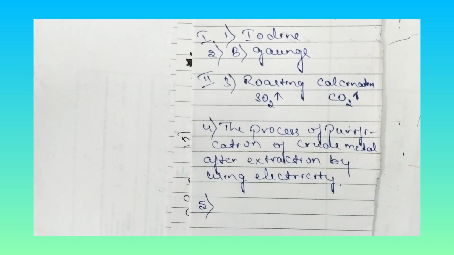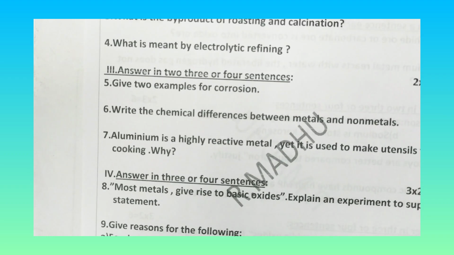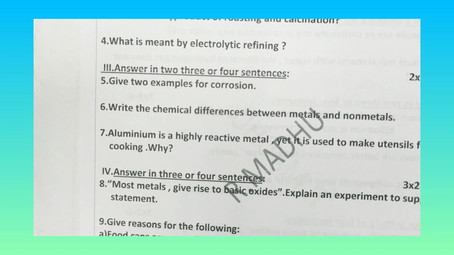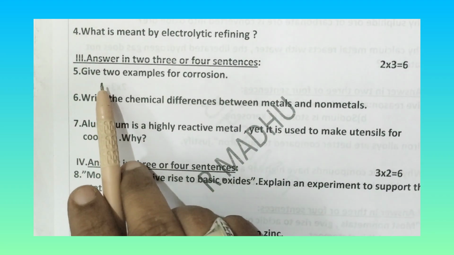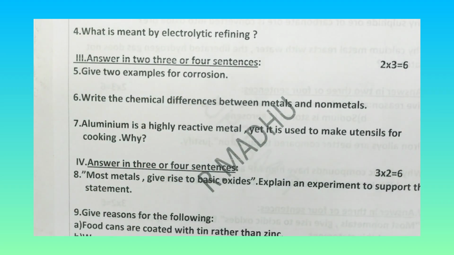Now let us move to question number 5. In the third main, question number 5, give two examples for corrosion.